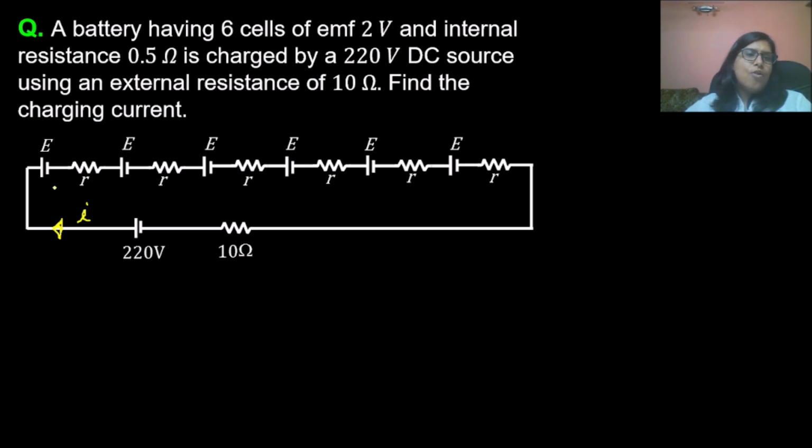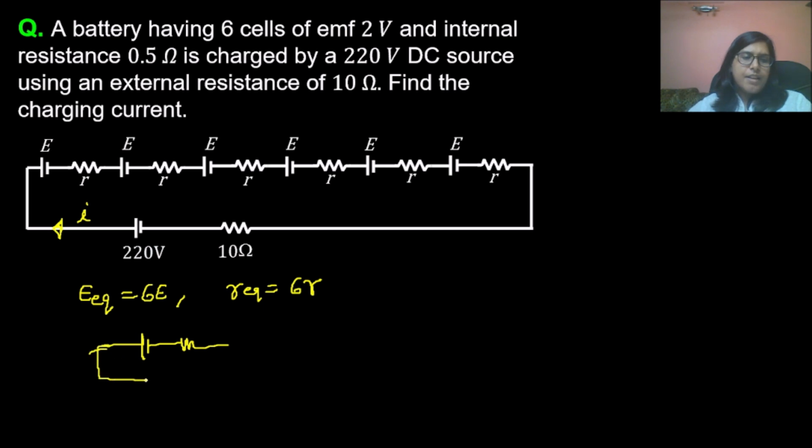So we can see all cells are in the same direction. So with 6 cells, E equivalent will be 6 into E and R equivalent will be 6 into R. So this circuit becomes like this.